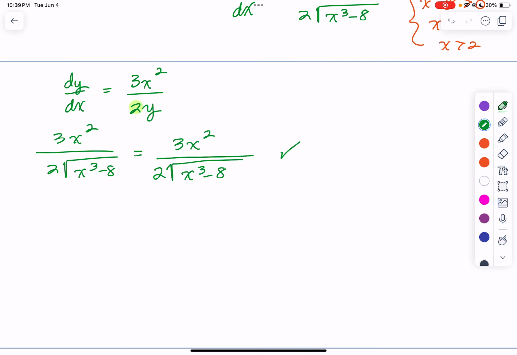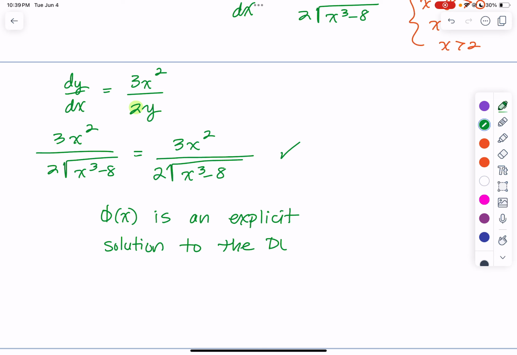So now we can say that phi of x is a solution, and that's an explicit solution to the differential equation.